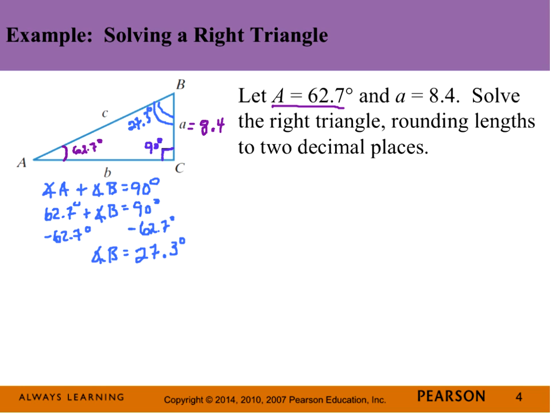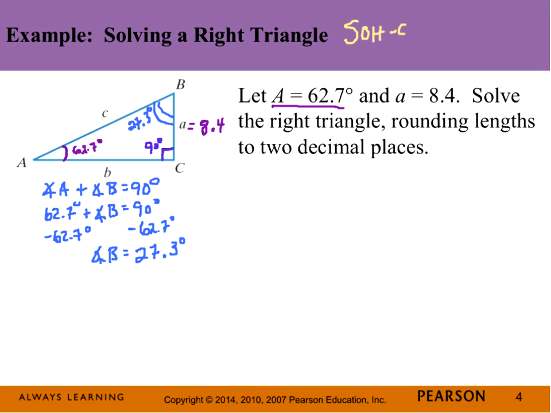So I have found all of the measurements of the interior angles here. Now I just need to move to my side lengths. Let me remind you of our mnemonic device that helps us remember how the sides of the triangle relate to the trigonometric functions.